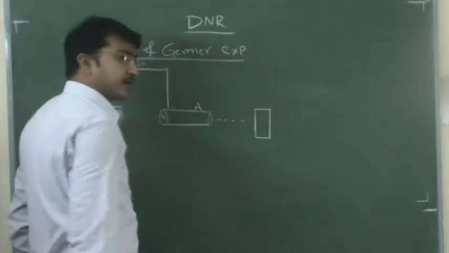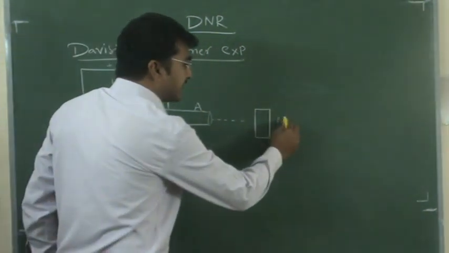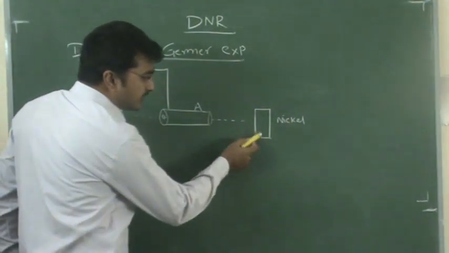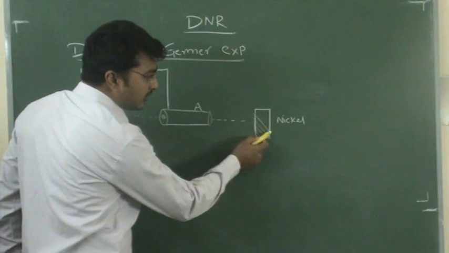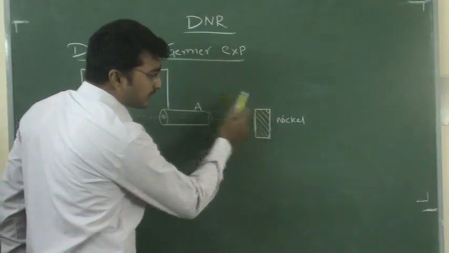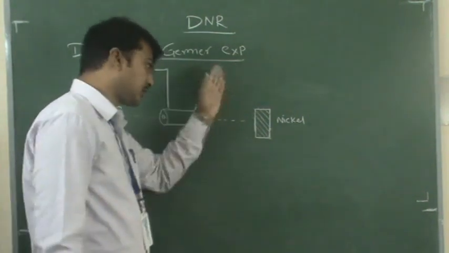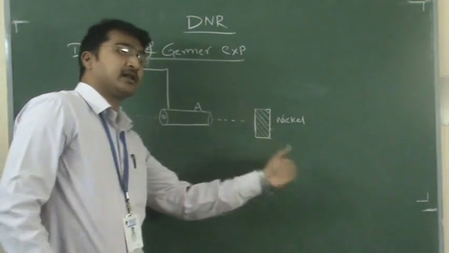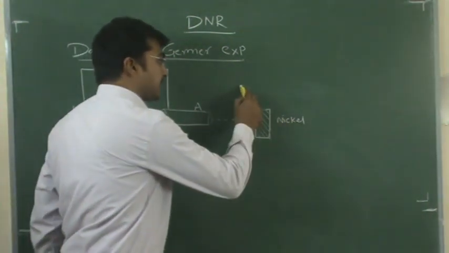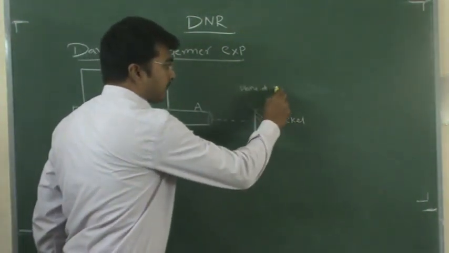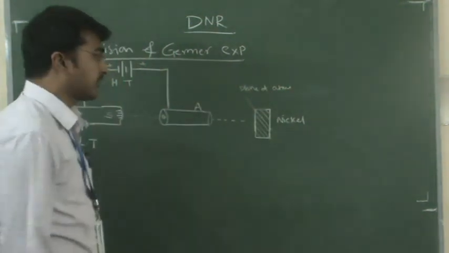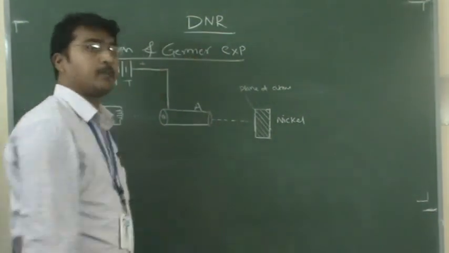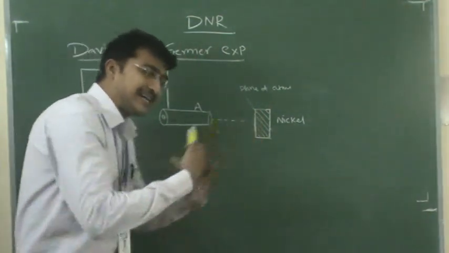This target is made of nickel crystal, connected so that the atom planes are along the diagonal. This is nothing but the plane of atoms. When the electrons are incident on the nickel plate, they scatter in all directions.